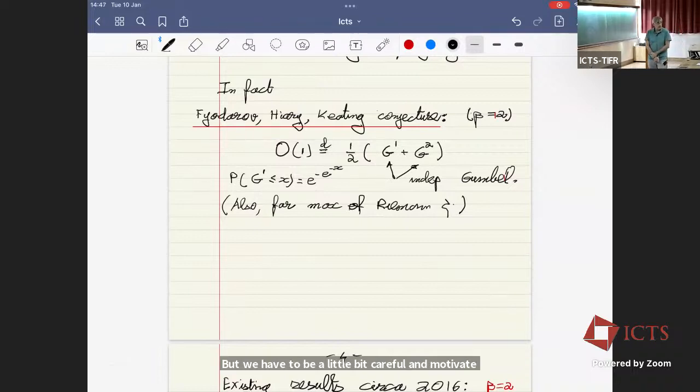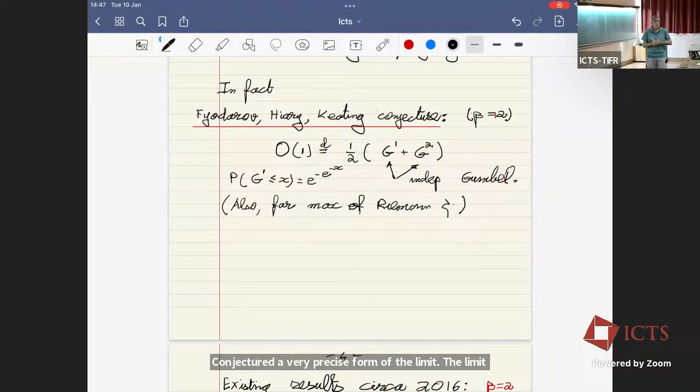Motivated by conjectured relations with the Riemann zeta function, about 10 years ago, Fyodorov, Hiary, and Keating conjectured not only that this is a true picture. They did not come at it from this angle, but they essentially computed moments and from that conjectured the form of the limit distribution. In fact, they even conjectured a very precise form of the limit. The limit is going to be a sum of two Gumbels.